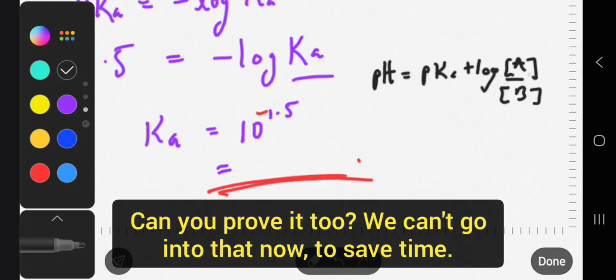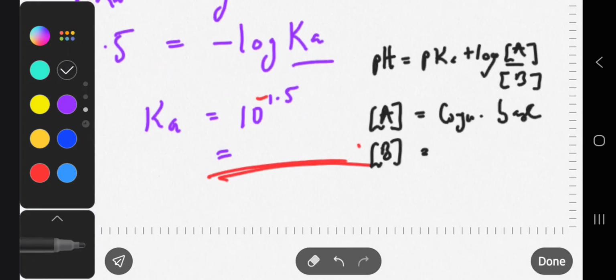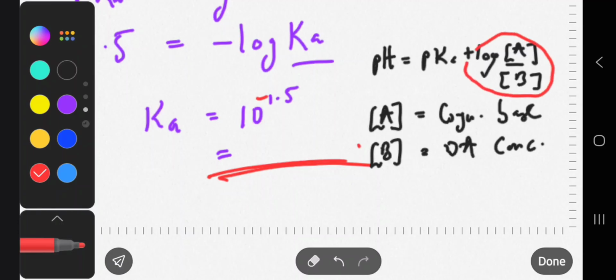The A concentration, for example, is the concentration of the conjugate base, while B is the weak acid concentration, right? So if you want to make this one the subject of the formula, you can go ahead and do that.